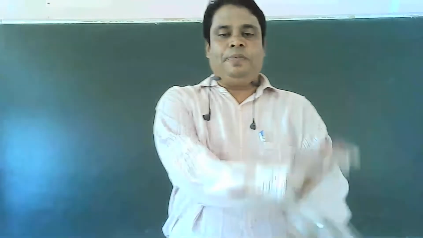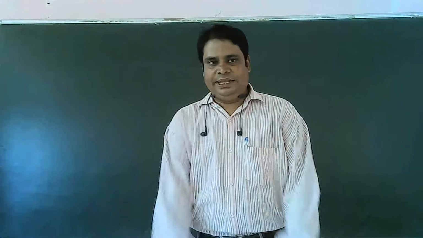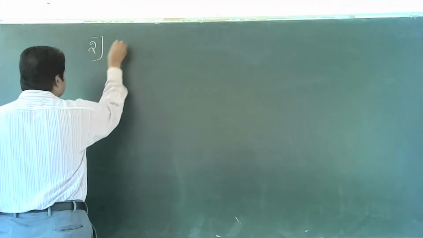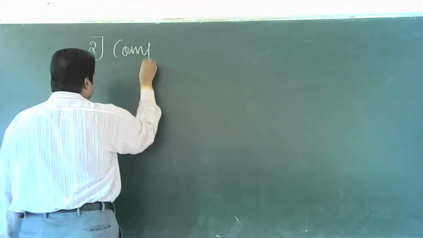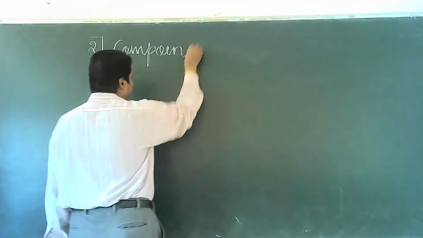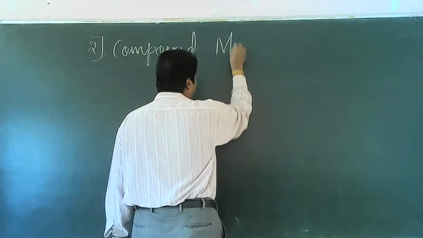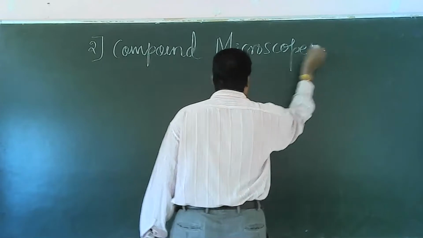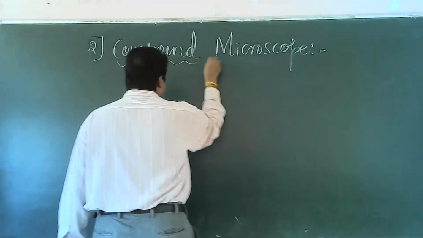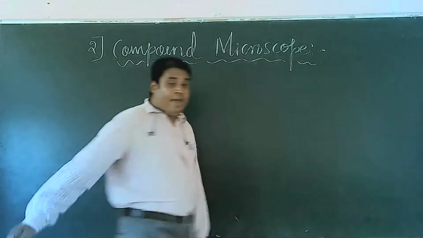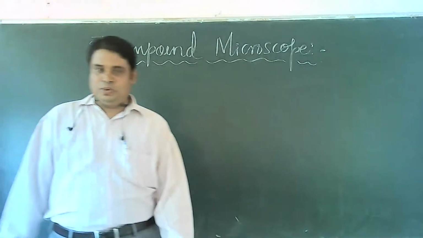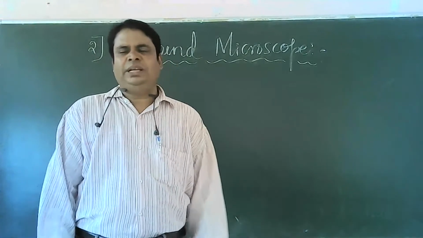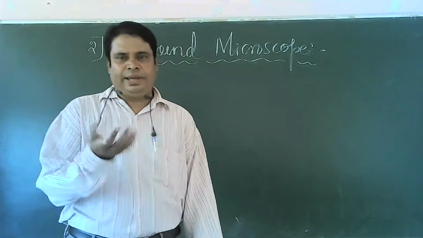Okay, the second optical instrument to be studied in this chapter is the compound microscope. Where do we use a compound microscope? Microscopes, of course, in the biology lab. Correct? In labs, everywhere we use.